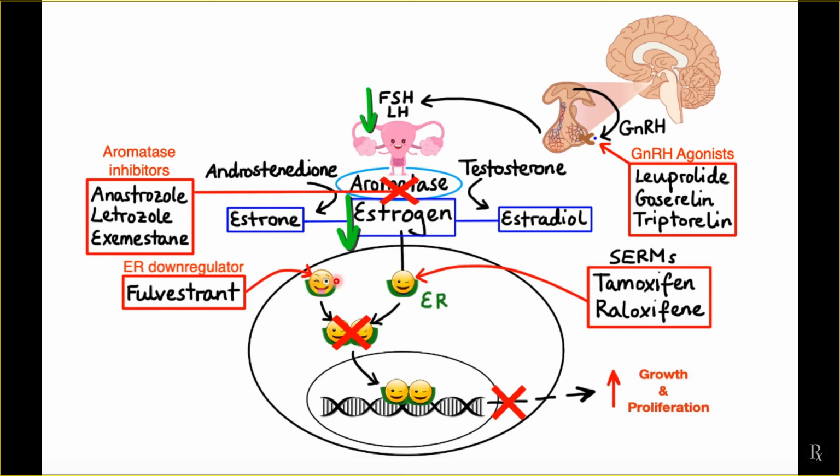That leads to less effect of the estrogen. So these are the main groups of the anti-estrogenic drugs that are used for the treatment of breast cancer in women mostly, but also can be used for the treatment of other types of hormone dependent cancers as well.